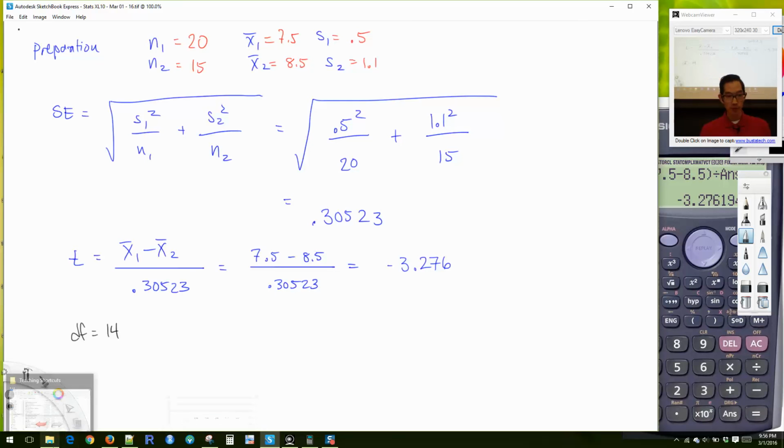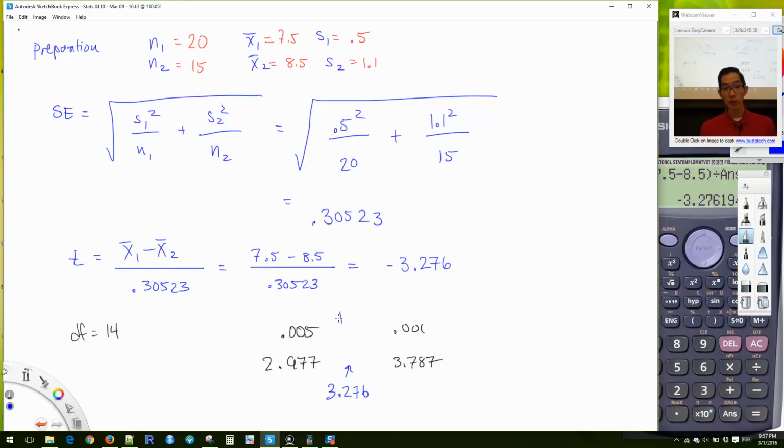For 14 degrees of freedom, in our table, we have 0.005 and 0.001. 0.005 with 14 degrees of freedom is 2.977, and over here is 3.787. So our value of 3.276 is in between here and here, so our corresponding tail area is in between.